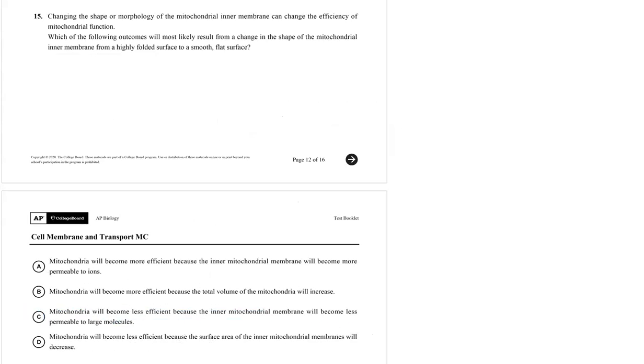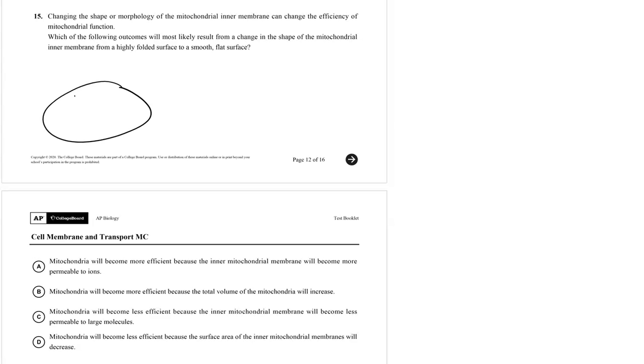Number 15. Changing the shape or morphology of the mitochondrial inner membrane can change the efficiency of the mitochondrial function. Which of the following outcomes would most likely result from changing the shape from highly interfolded to a smooth, flat surface?